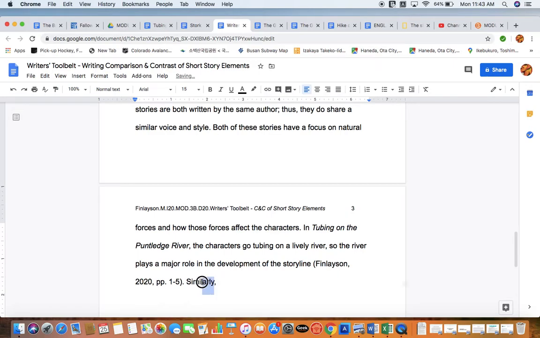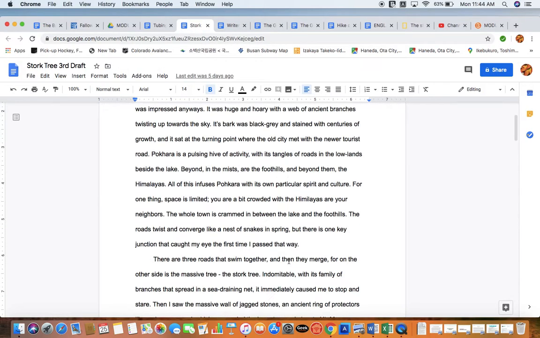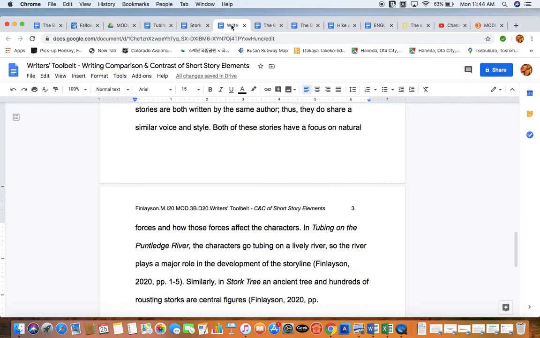So notice there I've used one of my cues of similarity, right? So I'm just again checking my page range there.